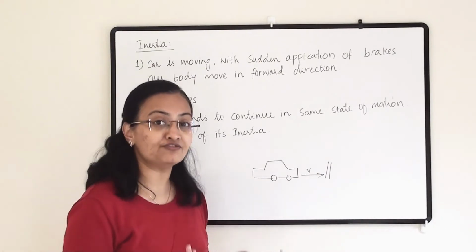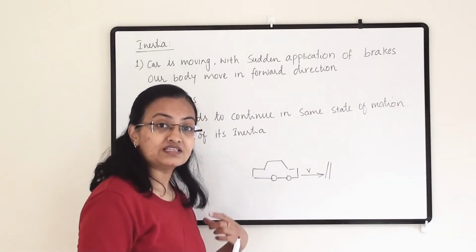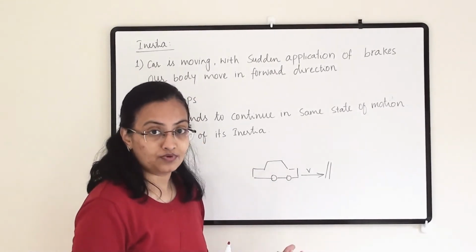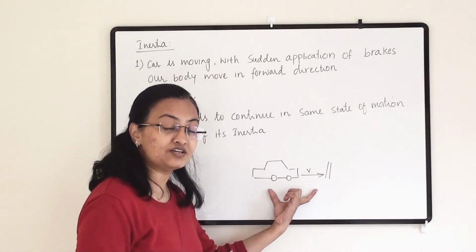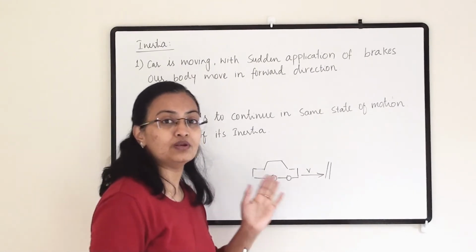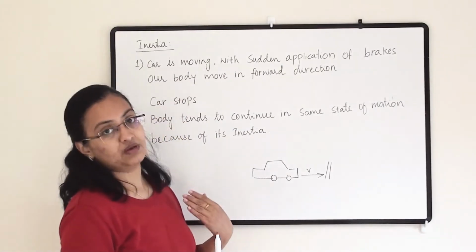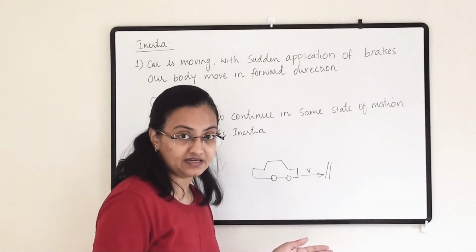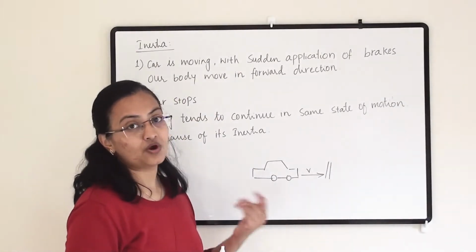They are both different objects. So when the car stops, because of our body's inertia, we are in motion and we will not stop. By the sudden brake, the car will stop, but our body's inertia, which is already in motion, will not stop. So we will go forward and by ourselves we come back. Going forward is happening automatically and we try to come back so that we will not get hurt.